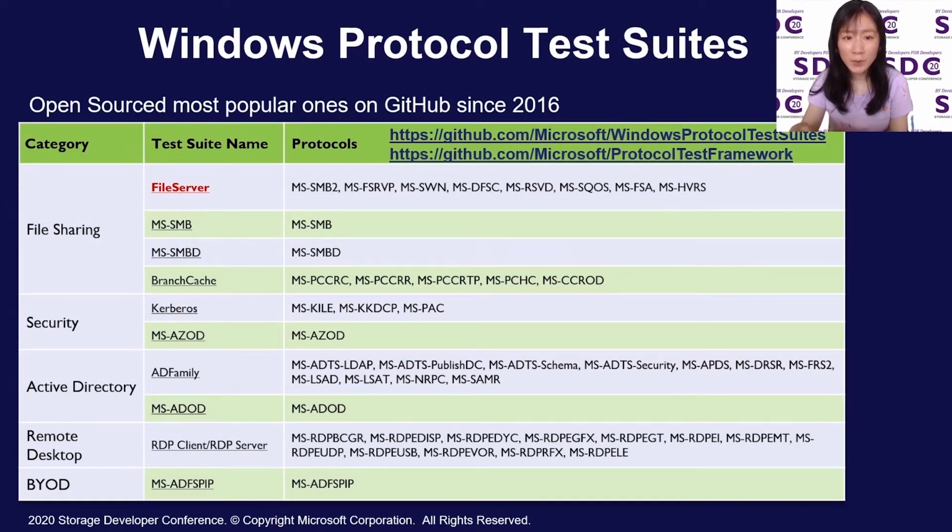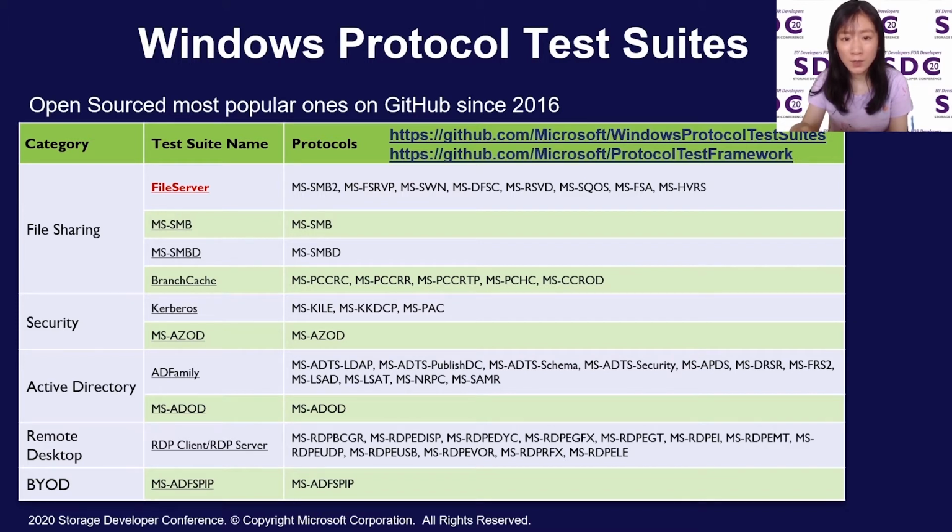We have developed over 400 Windows Protocol Test Suites, and we open sourced the most popular ones on GitHub since 2016. FileServer Test Suite is one of the most important ones.